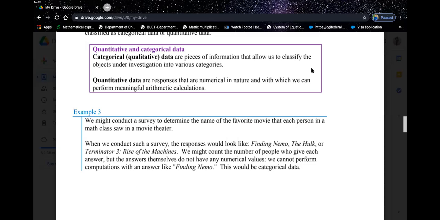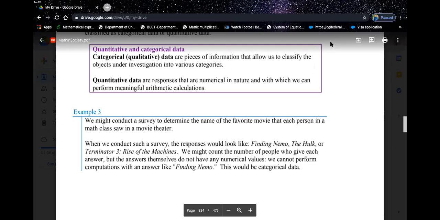So this data can be called qualitative data. Any question? Can you now see why it is qualitative data, and why it's not quantitative data? Right? It should make more sense.